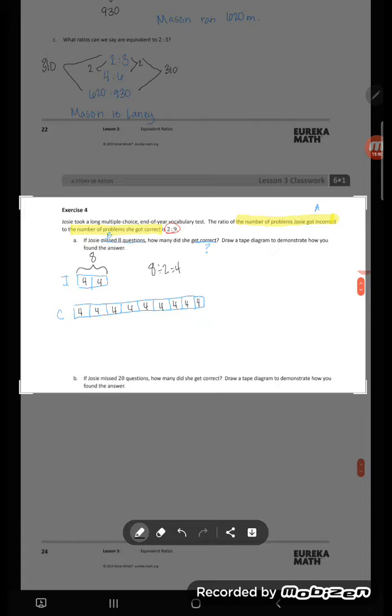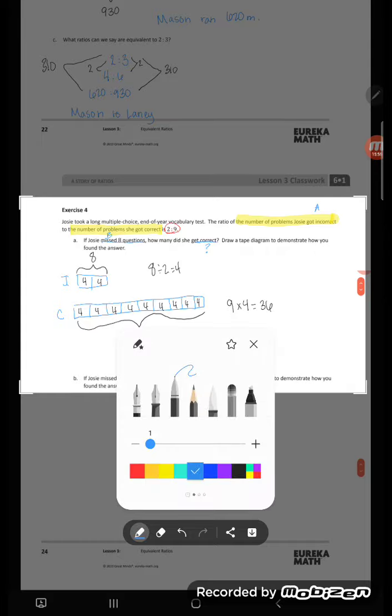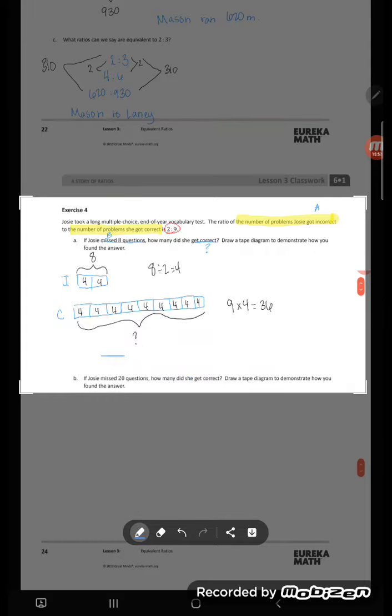And then we're looking for this. How many questions did she get correct? And I noticed that there are 9 boxes, 4 questions in each box. 9 times 4 is 36. Add that sentence at the end there.